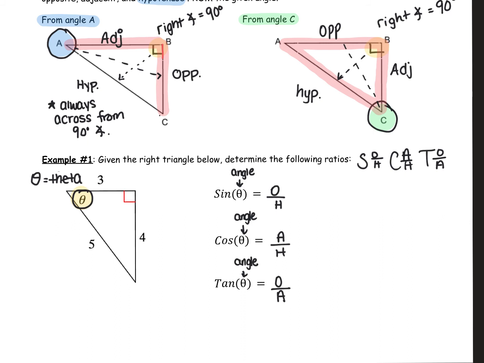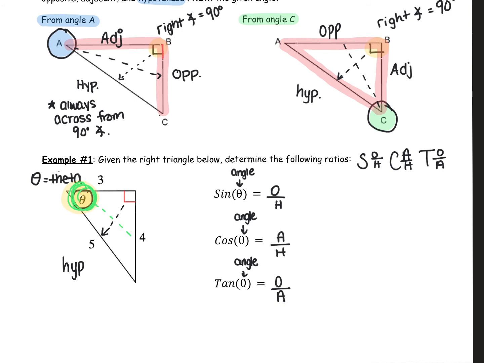First, we need to label the sides with respect to the angle we're speaking about. So here is our angle. First things first, we're always going to label the hypotenuse. The hypotenuse is directly across from the right angle. Now, with respect to the angle that's given, we've got two sides left.